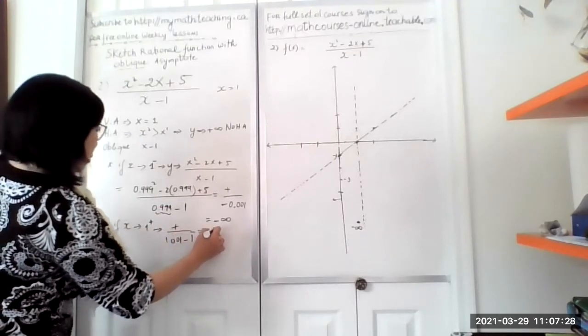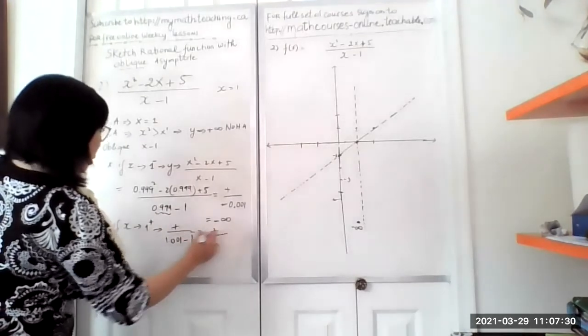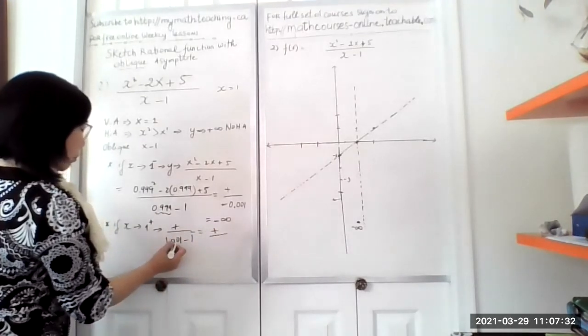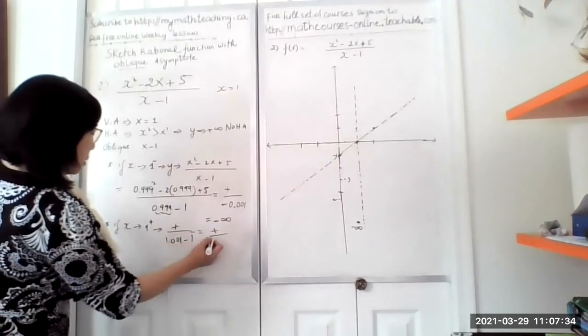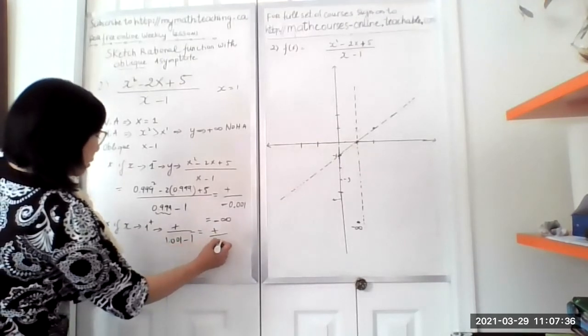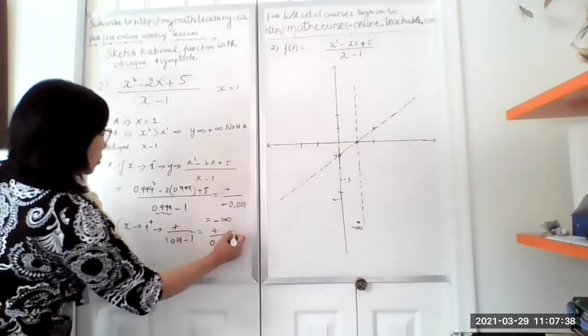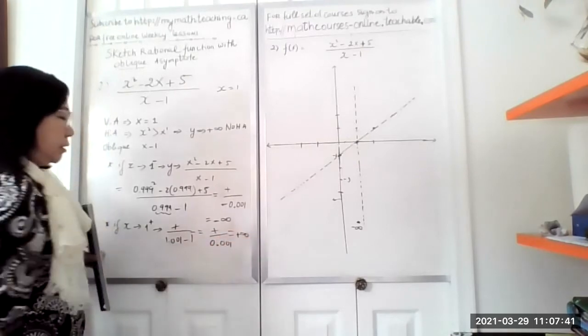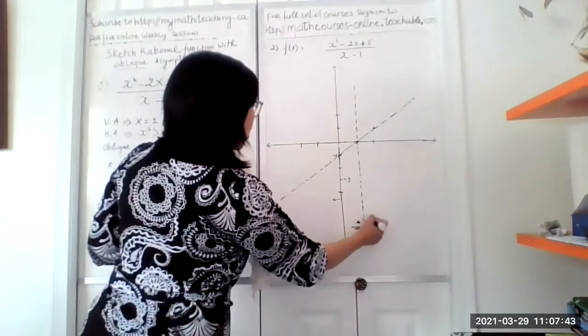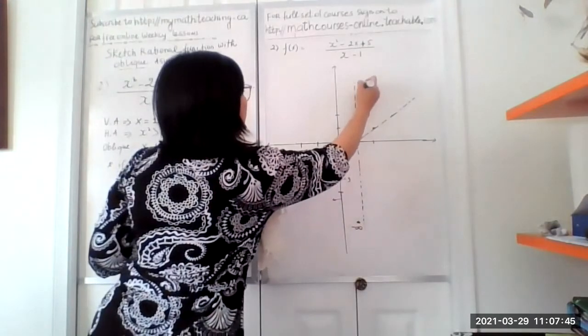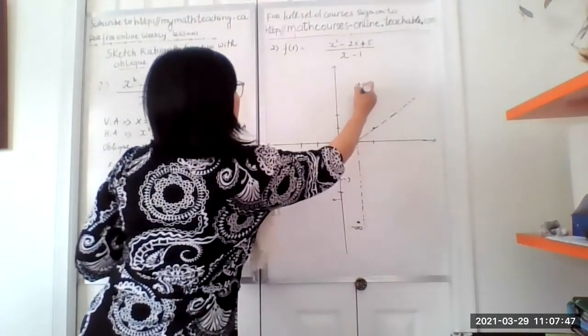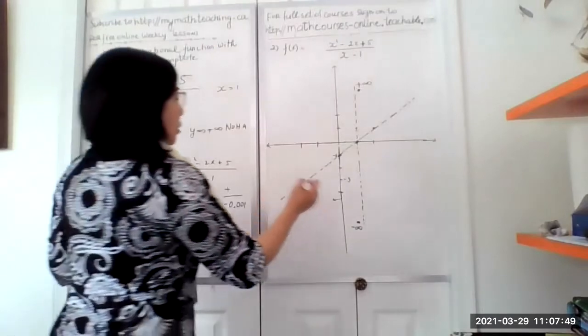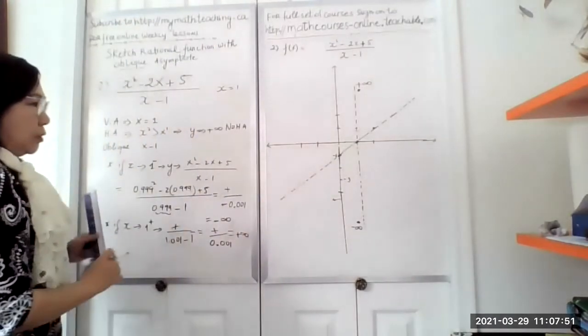So the situation will be positive on the top, and down here, 1.01 minus 1 is just a very small number, but it's positive. So of course, it will be positive infinity. If I approach to here, our pen will be up here. Positive infinity, right there.